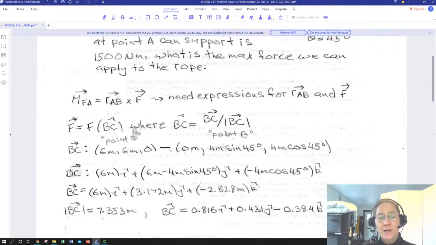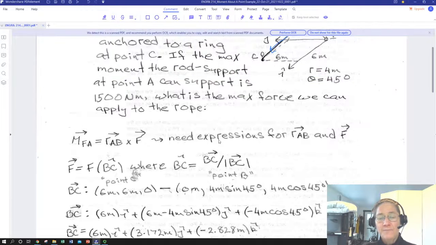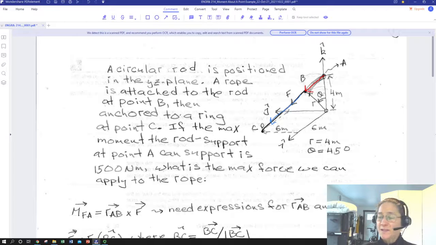We're going to define vector BC by subtracting the coordinates for point B from the coordinates for point C, and for that we have to go back to our diagram and do a little geometry. Point C is pretty easy. Our x coordinate is 6 meters because we went out 6, and our y coordinate is 6, and our k coordinate is 0 because it's just in the ij plane at k equals 0. B is a little trickier. We have to use our theta and r. If we go up to a point that's equal to r times cosine theta, that'll give us our k component.